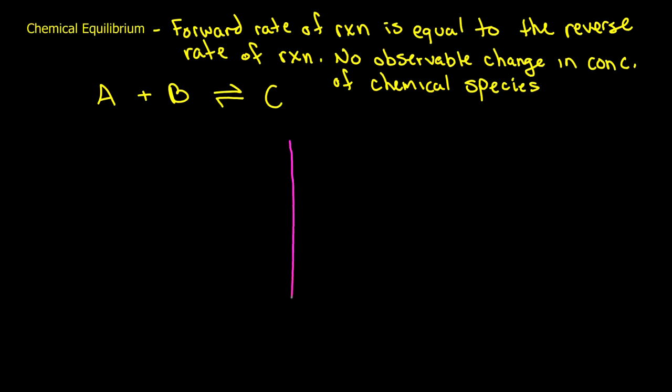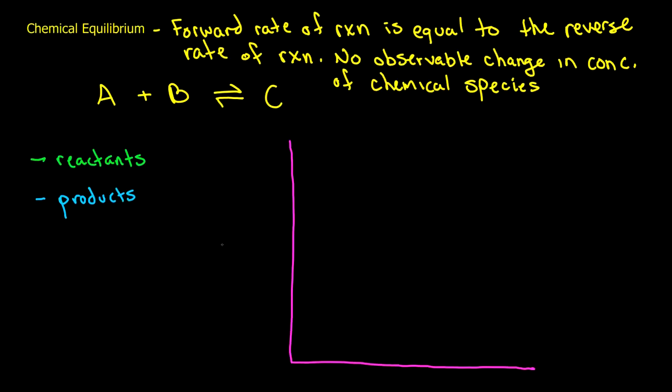Let's think about this in terms of a graph. Graphs make things easy to visualize, so let's try to make this an easy visualization. We'll say the green line is my reactants, the blue line is my products. Our y-axis will be percent concentration, measured in moles per liter.